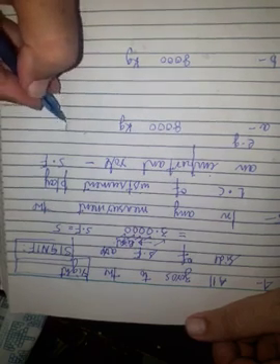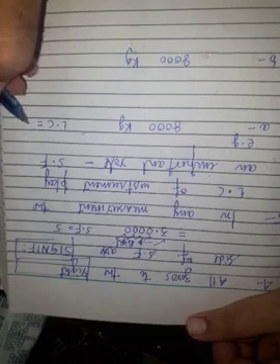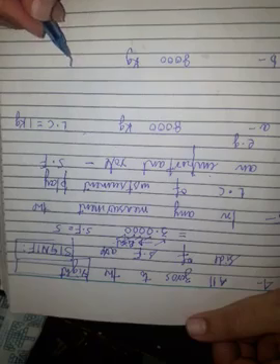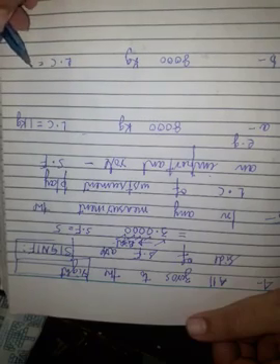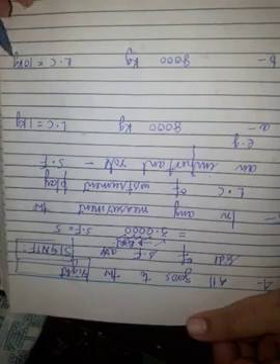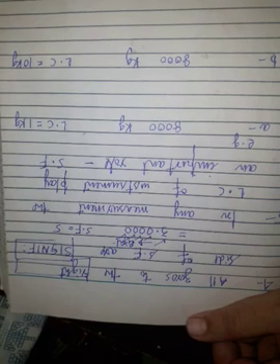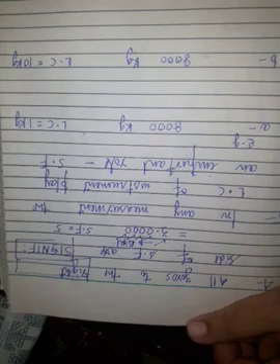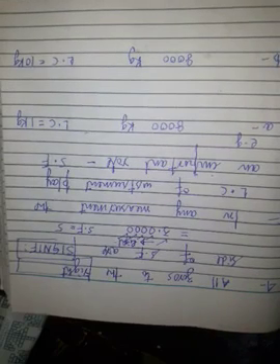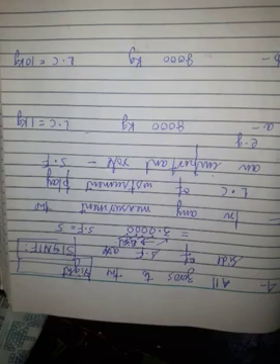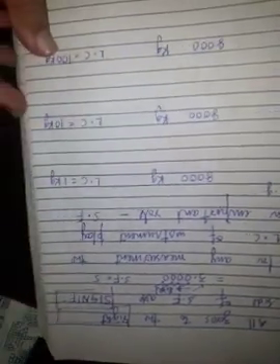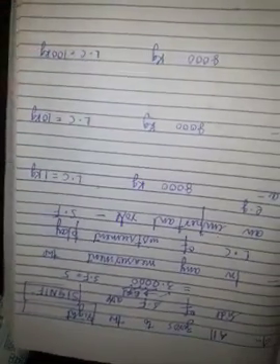In the first case, the least count is 1 kg. In the second case, the least count is 10 kg. In the third case, the least count is 100 kg. Now, here is a trick. The significant figures change with the least count.